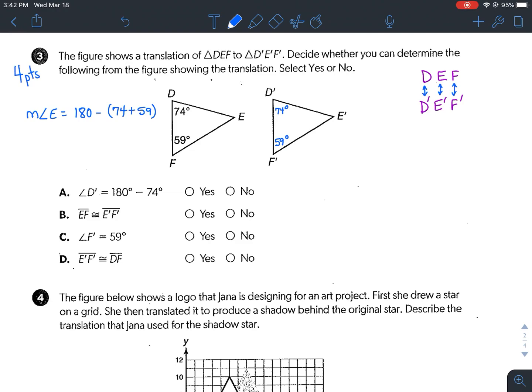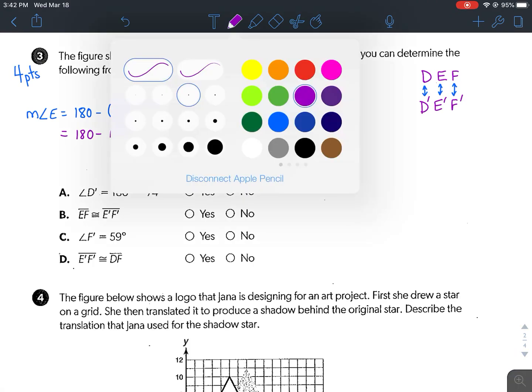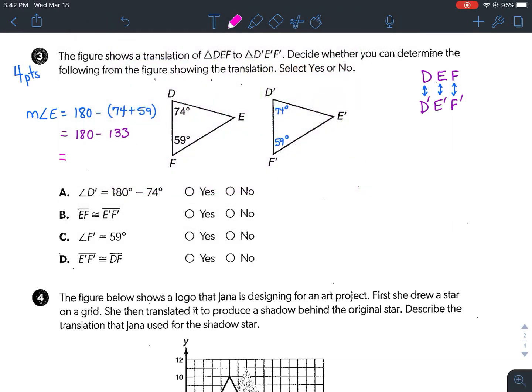Well, 74 plus 59 is 133. And 180 minus 133 means that the measure of angle E is 47 degrees. So angle E is 47 degrees, which means angle E prime is 47 degrees.